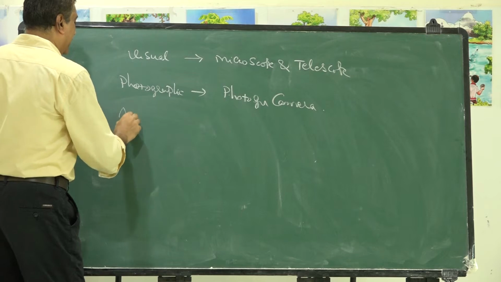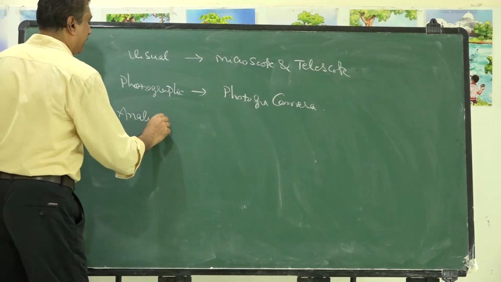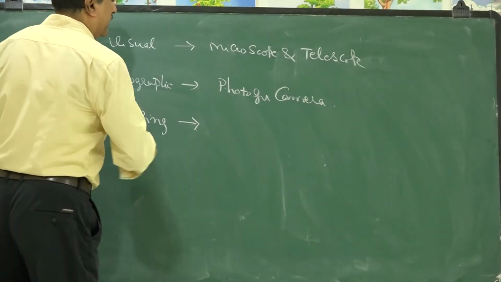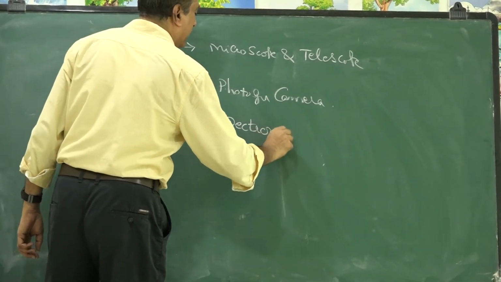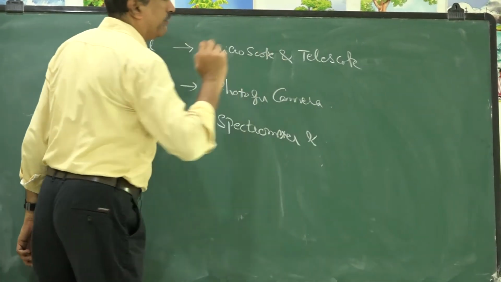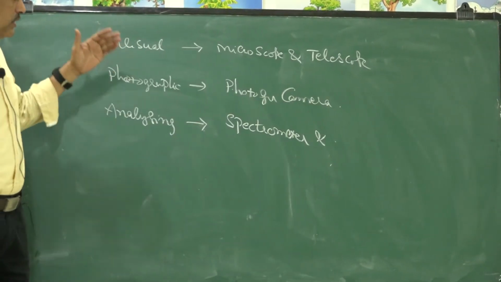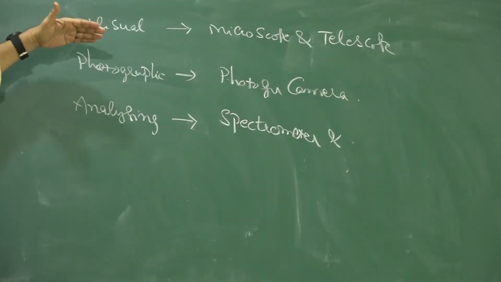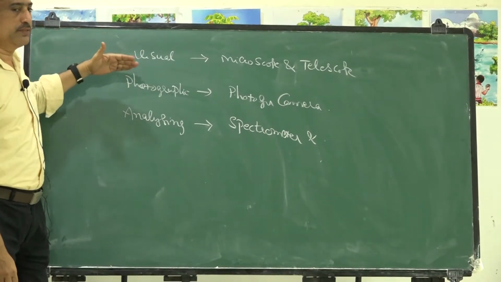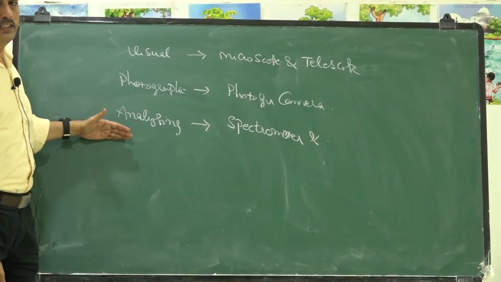And the third one is analyzing instruments. In this category we have the spectrometer and spectrograph, etc. So basically the optical instruments are of three categories: visual instruments, photographic instruments and analyzing instruments.